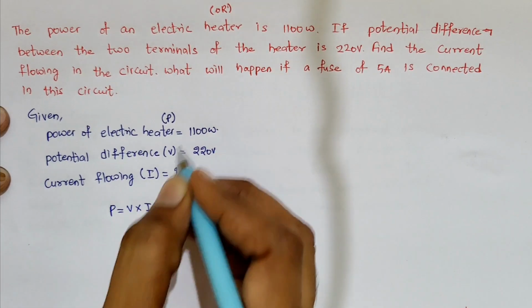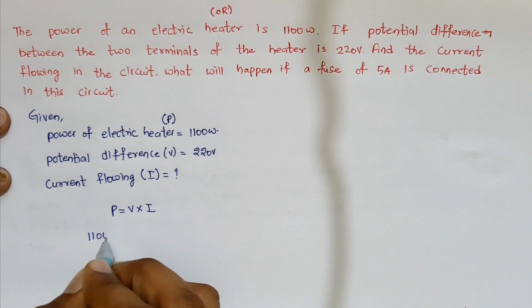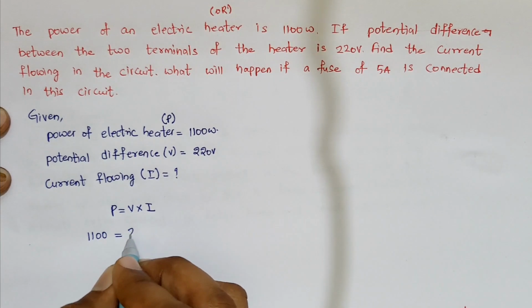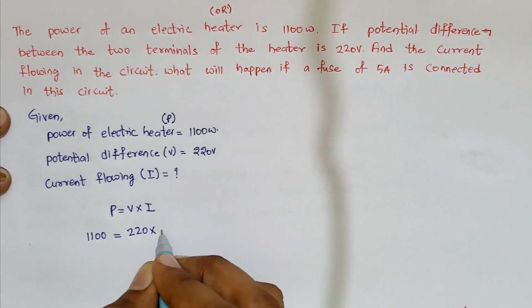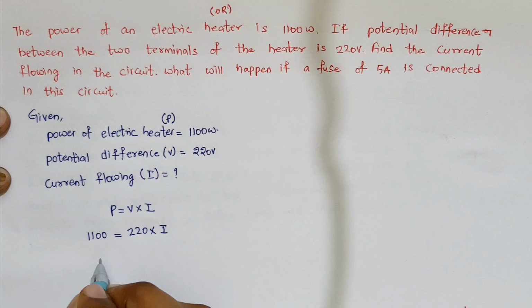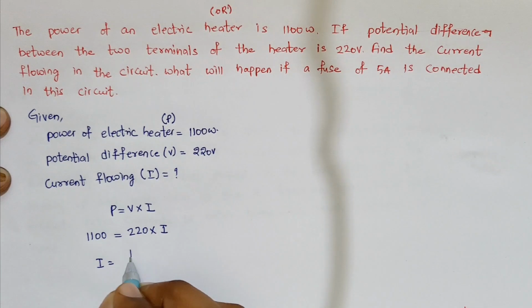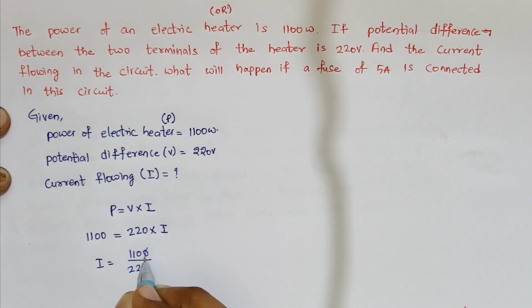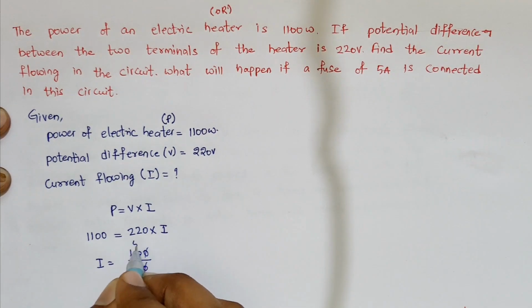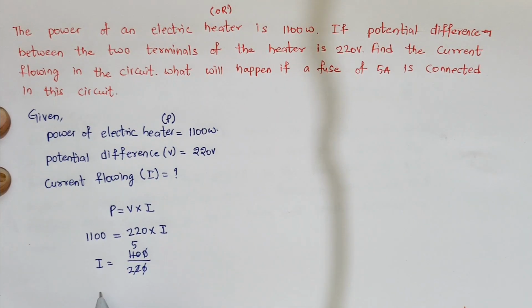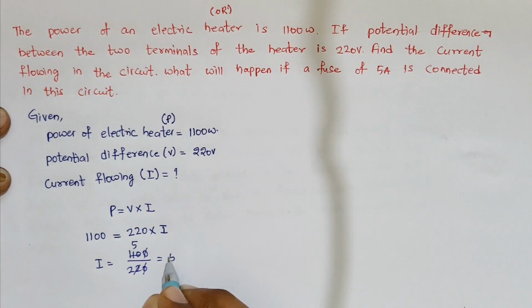So substitute the P value here. The P value is 1100 watts is equal to the V value, 220 volts, into I, which we have to find out. So to find I, I is equal to 1100 divided by 220. The zeros cancel; 22 ones are 22, 22 fives are 110. So the current here will be equal to 5 amperes.